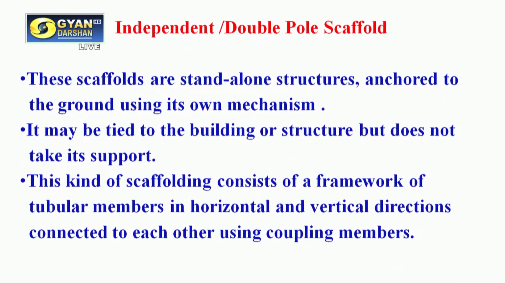It is self-sufficient to take its load and does not share its load with a wall or other structure. It can withstand by its own structure, so we call it independent.